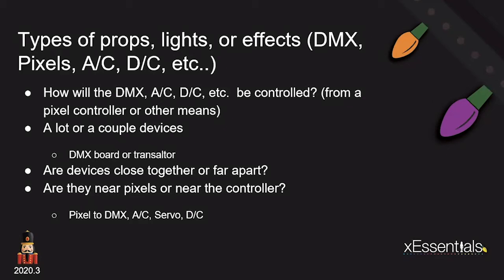You don't have to have an LOR, a dongle, and multiple controllers around. If you have a couple items you need to run in one area, you can add this board in, and it'll convert that pixel data back and give you several channels off of pixel data. So you can run your DMX, your AC, or your servos or DCs.